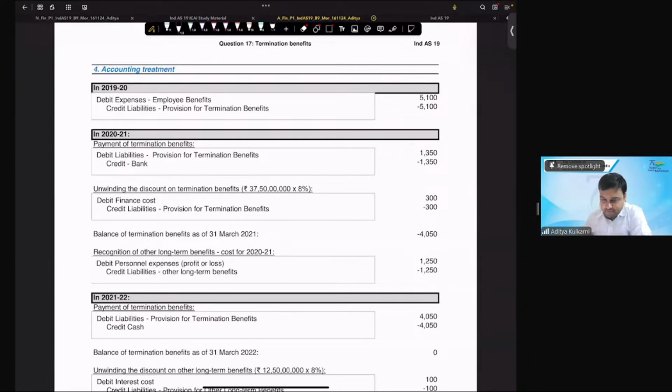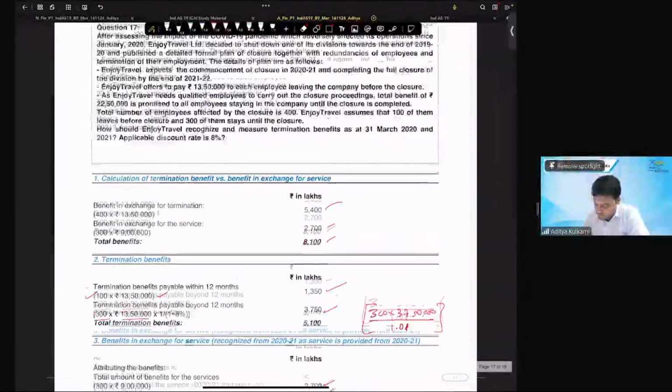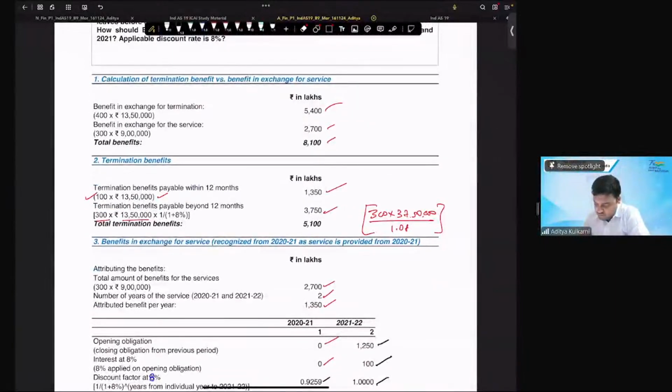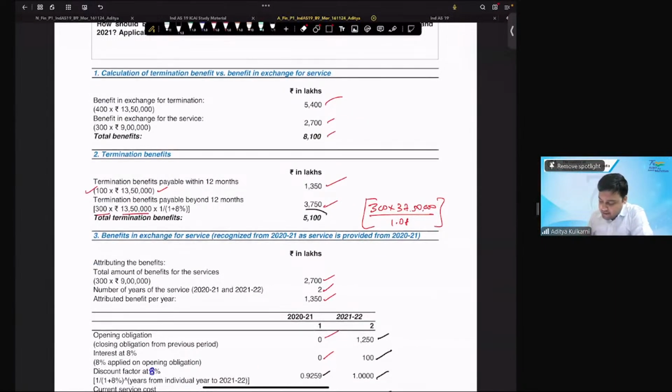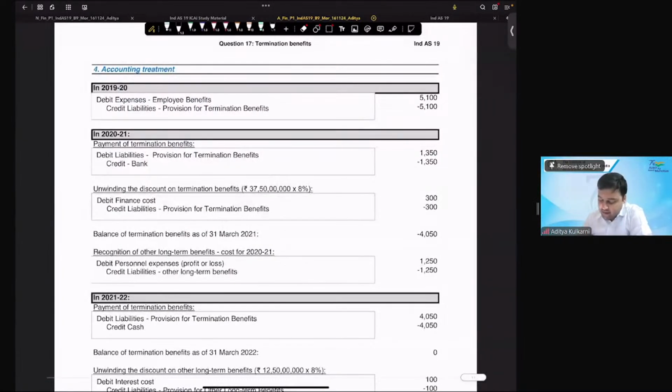First one. Total termination benefits payable is 5,100. So entry will be employee benefit expense account debit to provision for termination benefits 5,100. You have already planned the termination, so 5,100.